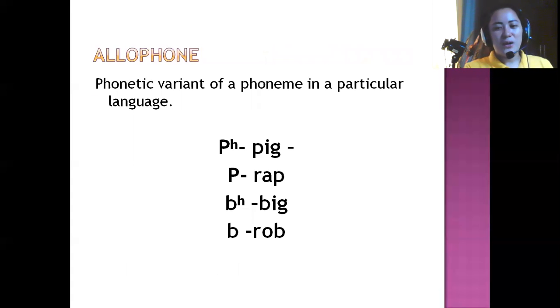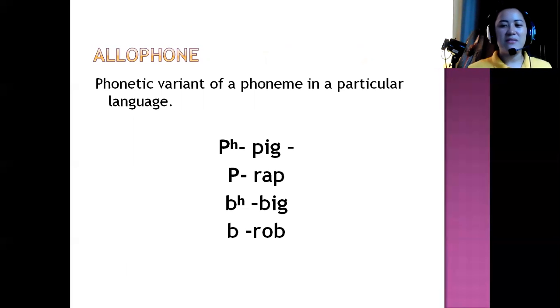So I was inserting allophone minutes ago. This is a very short example of allophone. I am encouraging you to explore more about allophones. There are a lot of variations.